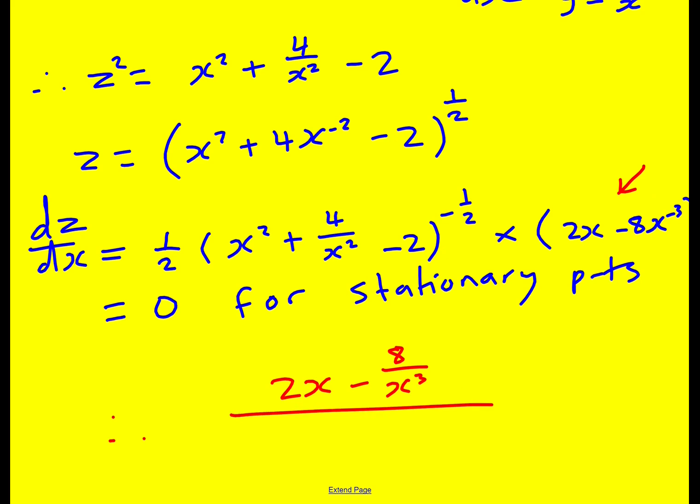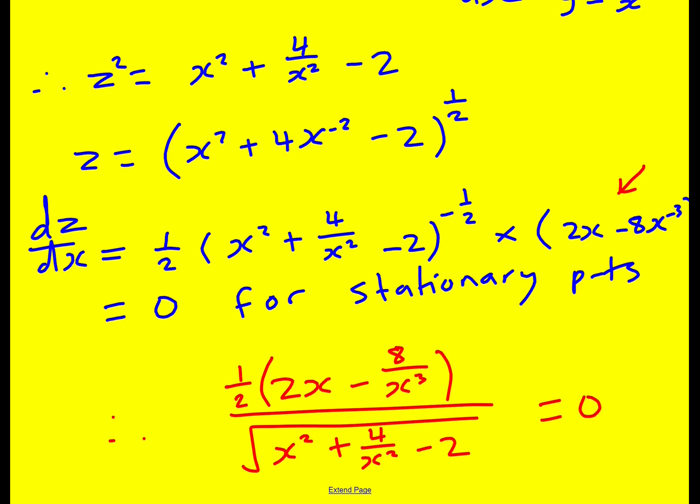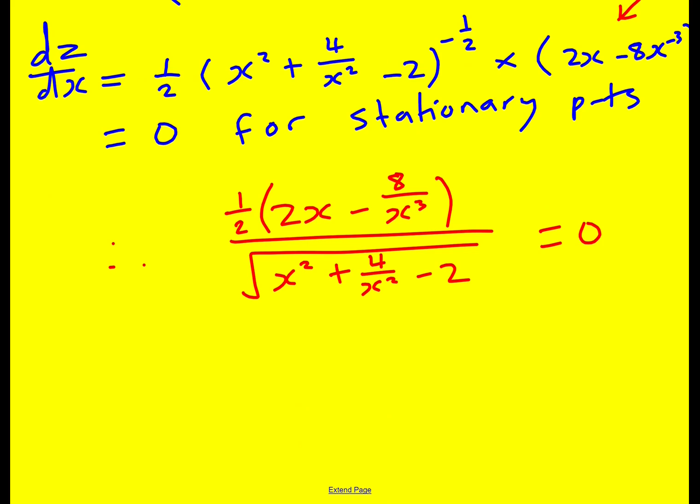And I'm going to be dividing by the square root of x squared plus 4 over x squared minus 2. And I'm finding a half of it, so I can put a half here, and that is equal to 0. So one thing I can do straight away is I can cancel that half with that 2 and partially with the 8, 4.